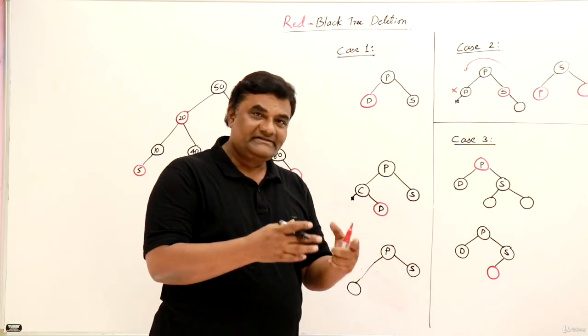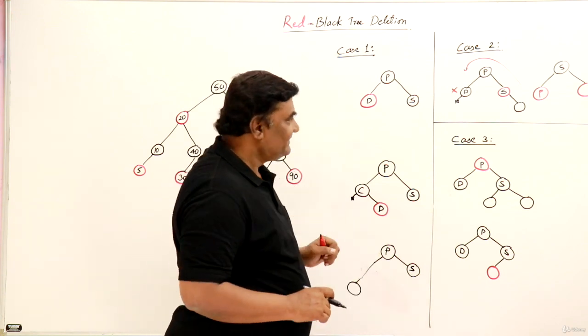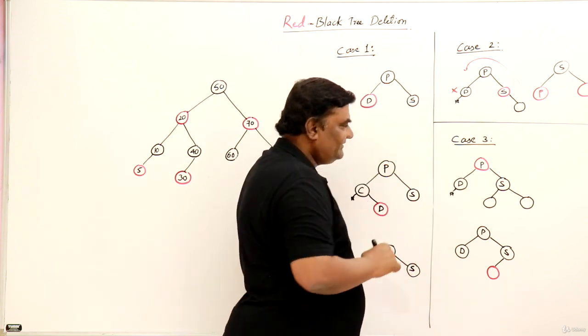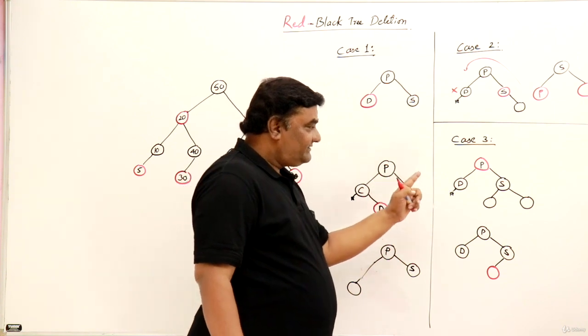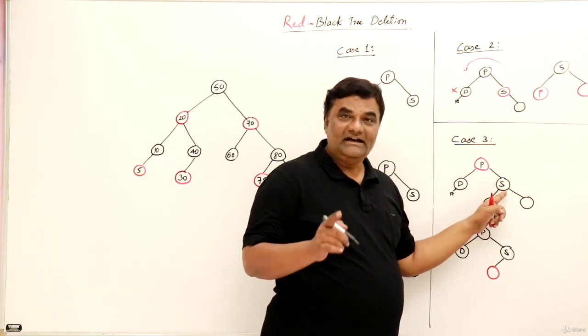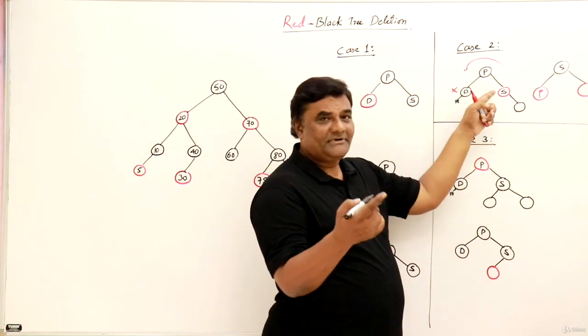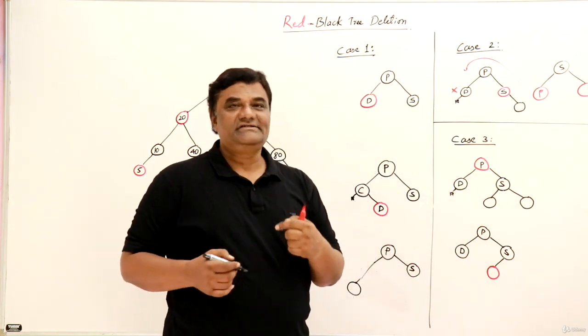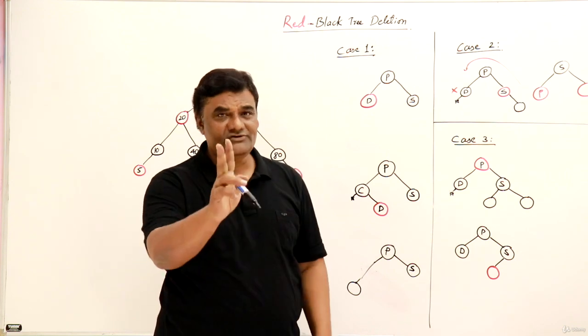Now comes the complex part. See this. The node we are deleting is black, and it is having some black child, that is null. And its sibling is black. If it was red, perform rotation, no problem. If it is black, then we have multiple choices here. We have two choices.